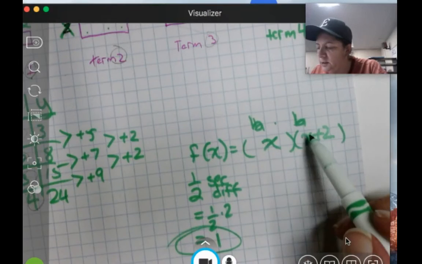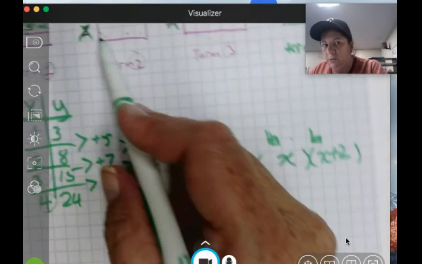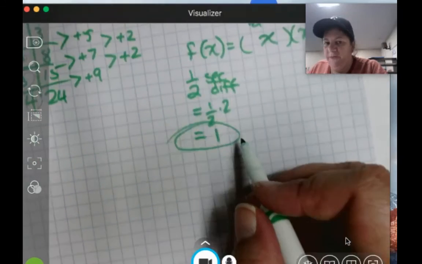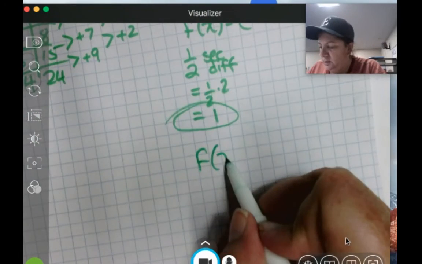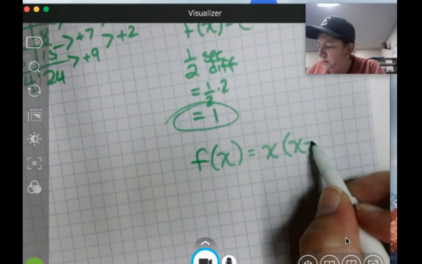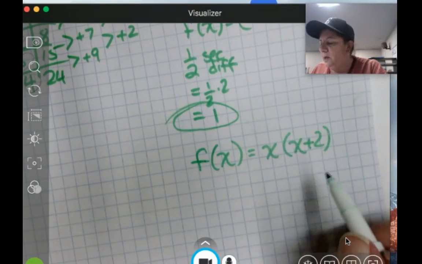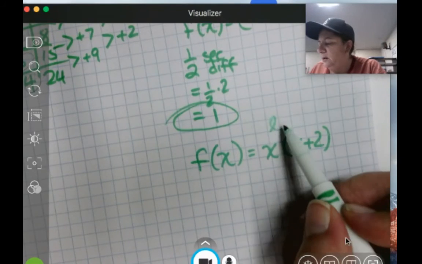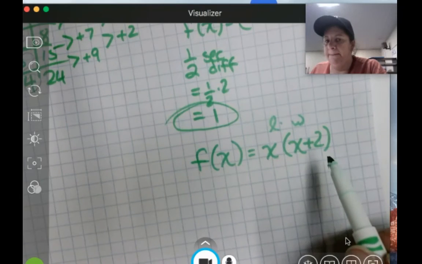So all I have to do is multiply one side times the other side every time. The way folks would write this is f of x equals x times the quantity x plus 2. And I said we're not distributing for now, because we want this to look like length times width still.